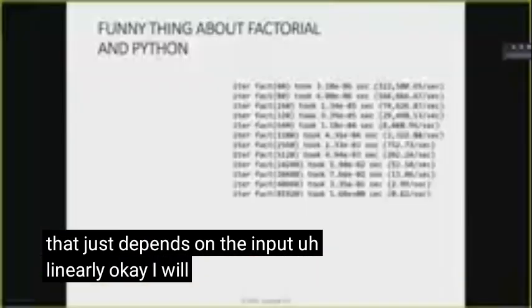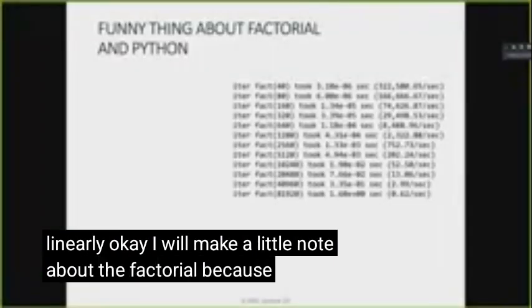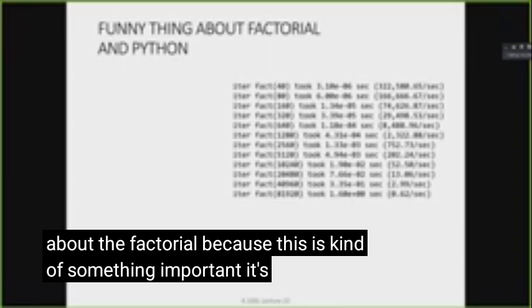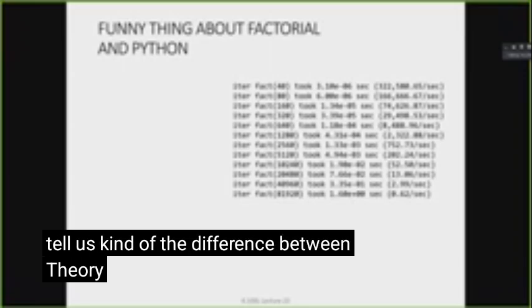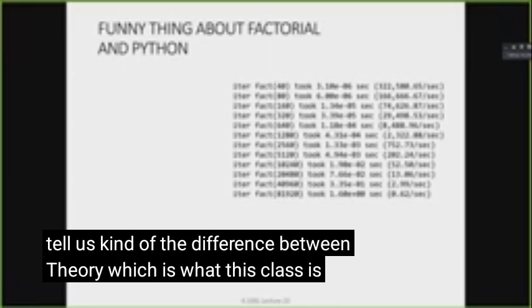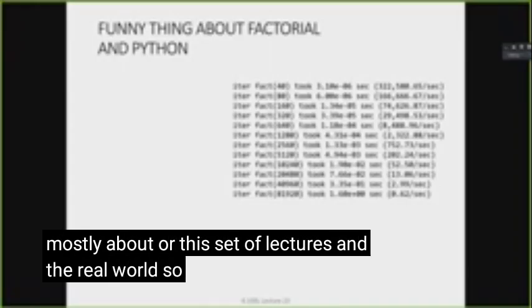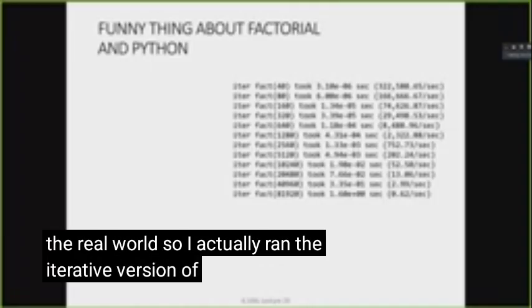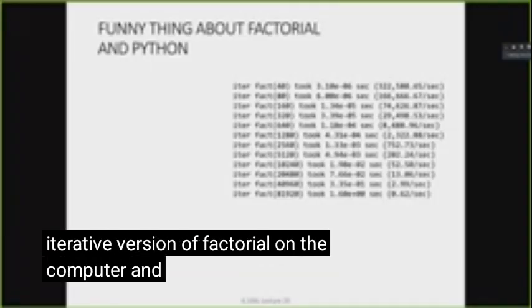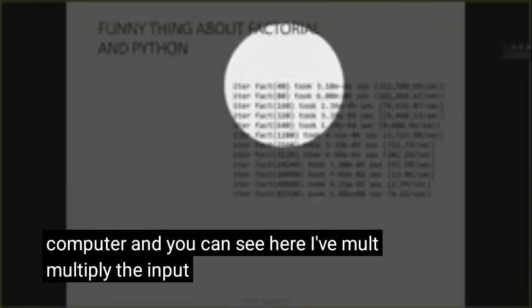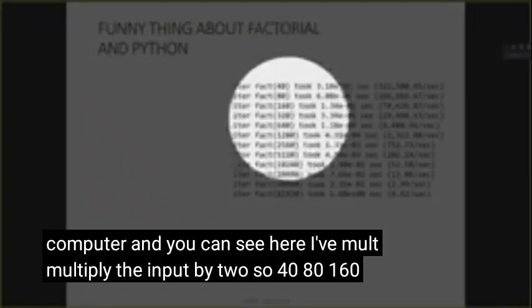Okay, I will make a little note about the factorial because this is something important. It's going to tell us the difference between theory, which is what this set of lectures is mostly about, and the real world. So I actually ran the iterative version of factorial on the computer. And you can see here, I've multiplied the input by 2. So 40, 80, 160, 320, and so on.